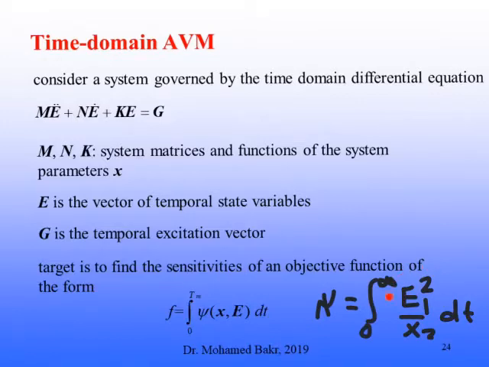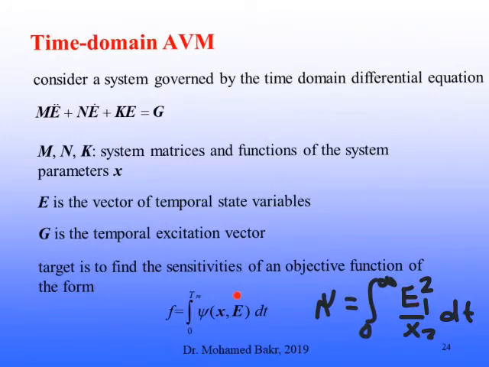So this kernel, this psi here, has an explicit dependence on x2 because x2 appears explicitly, and at the same time, it's also dependent on x2 through E1. So it's dependent on x1, x2, and all the other parameters through this E1 term. Okay, so just keep this one in mind.